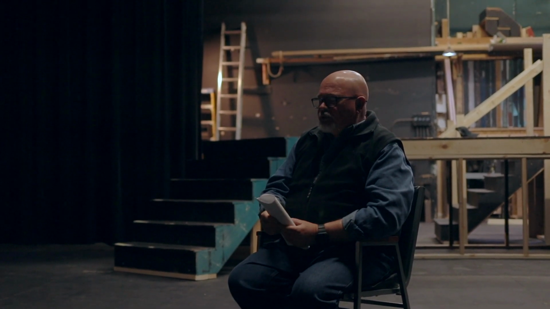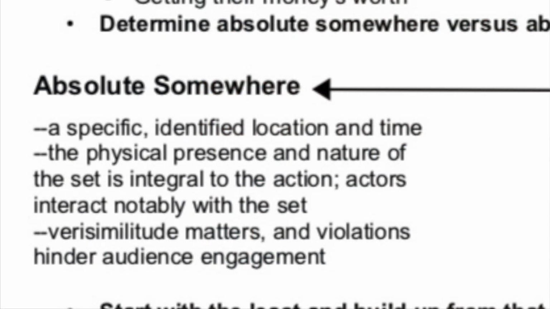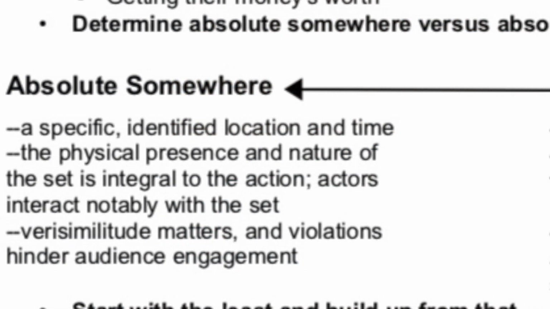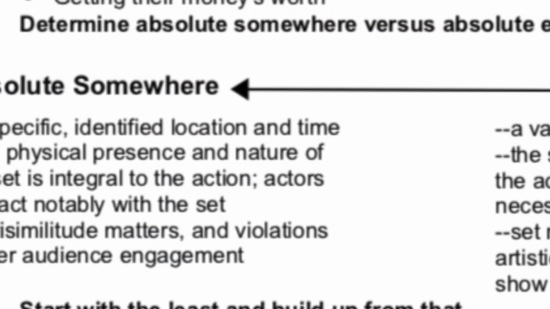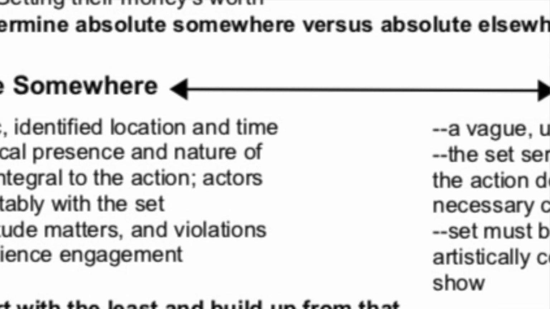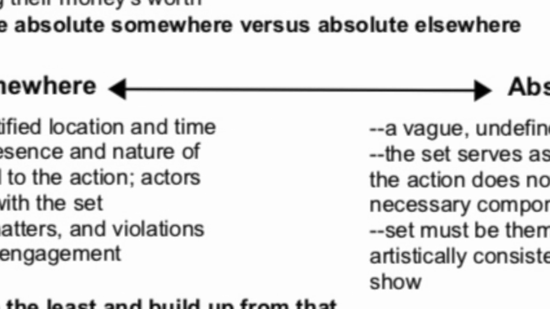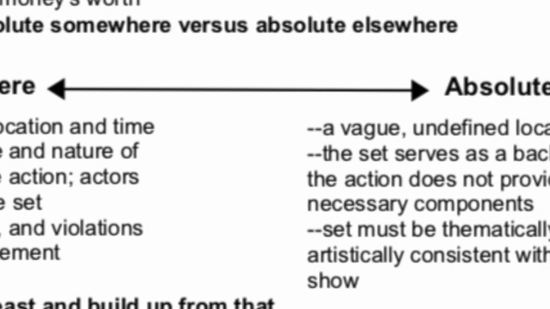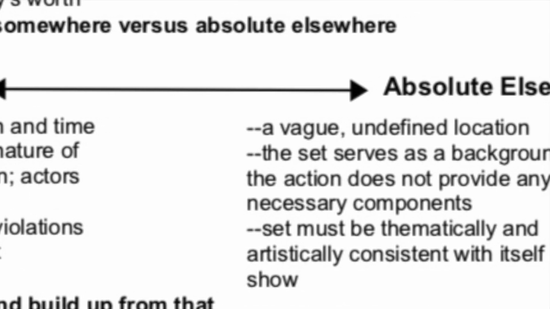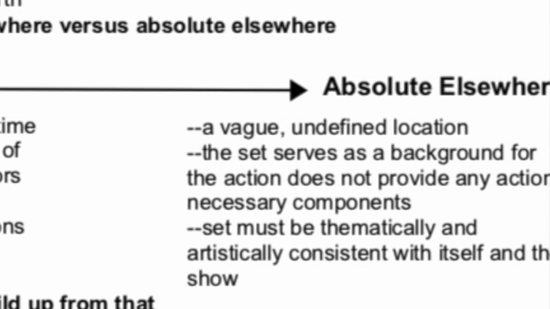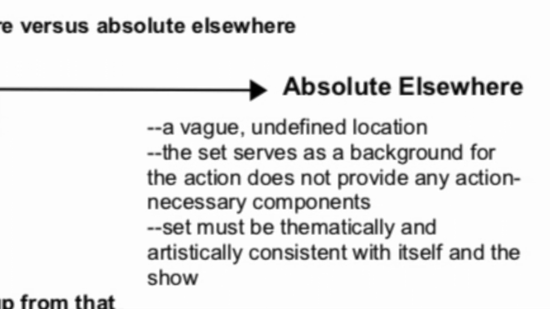And then you want to think about, is this a show that requires an absolute somewhere, or an absolute elsewhere? Absolute somewhere is where you have a set that has to be very realistic because the characters interact with it, and it needs to have all of these elements.